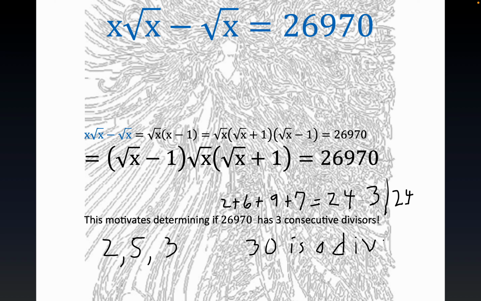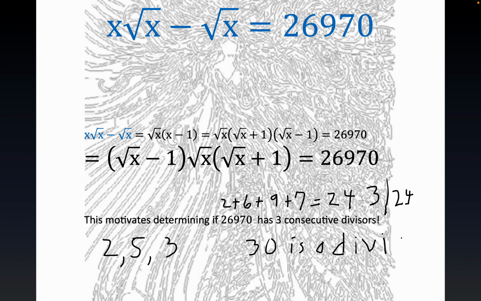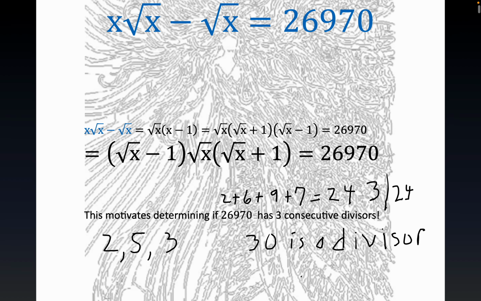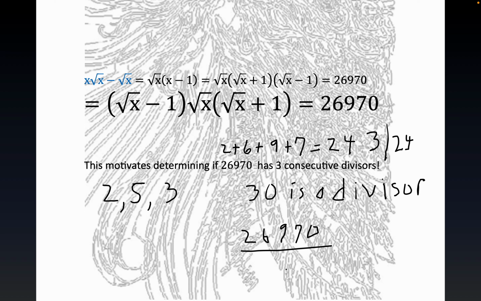All right, so there's not a whole lot of computational challenge to this at this stage. Now, since we know that 30 is a divisor of this big number, we can do this, and this is not hard to do mentally, and I'll see if you guys believe that. 26,970 divided by 30.